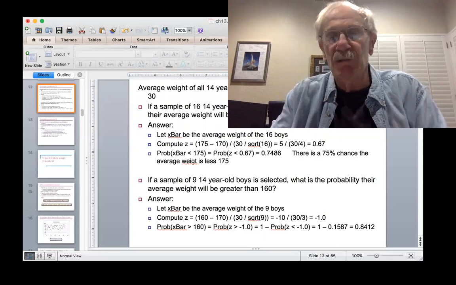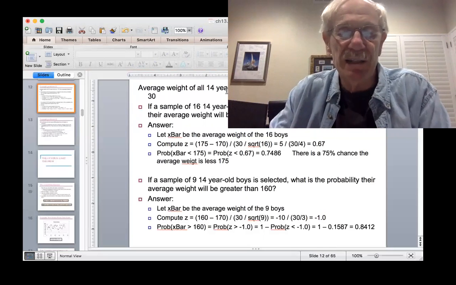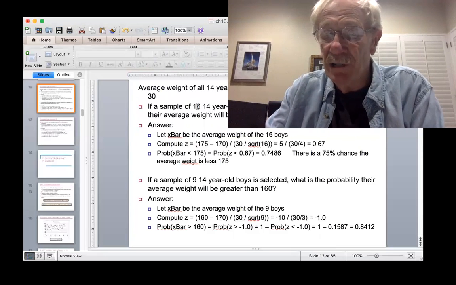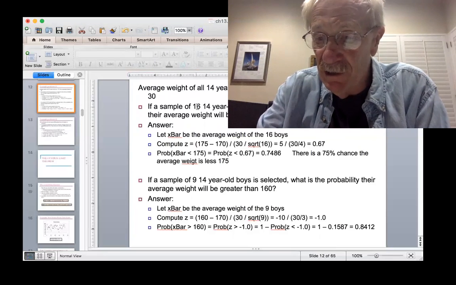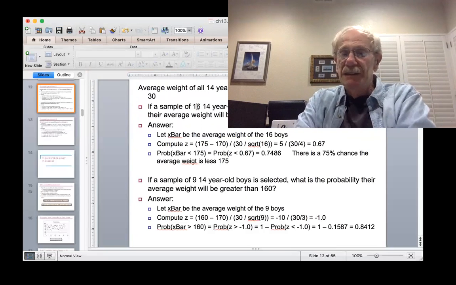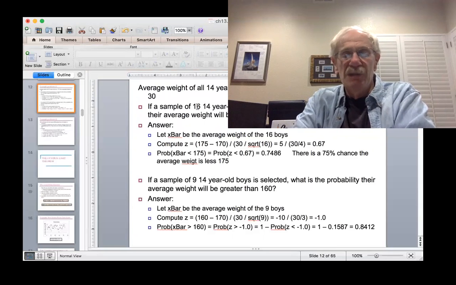Don't keep going. Just stop and write it down, and come back and start the sentence over. Average weight of all 14-year-old boys is 170. Okay, I got that. With a standard deviation of 30. Then you write down sigma is 30. I think you can get through the problems with that technique. And like I said, there's going to be a lot more words in it. They'll give you some Latin words probably, and that kind of stuff.